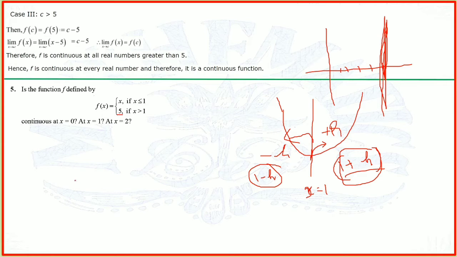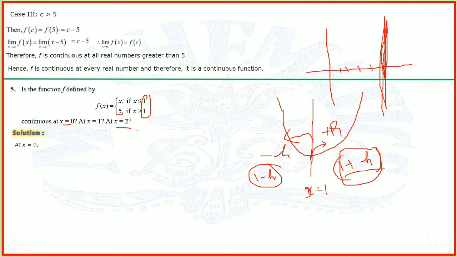So here we start the solution. First we check at x is equal to 0. Interesting thing is the function is changing its nature at x is equal to 1, but it doesn't change at 0 and it doesn't change at 2.